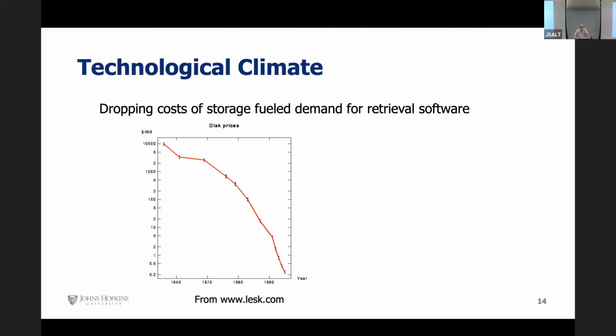So part of what has been fundamental to modern information retrieval is the cost of storage. And so here we see a graph showing from 1957 that a megabyte cost $10,000. And the rapid decline in the price of space.